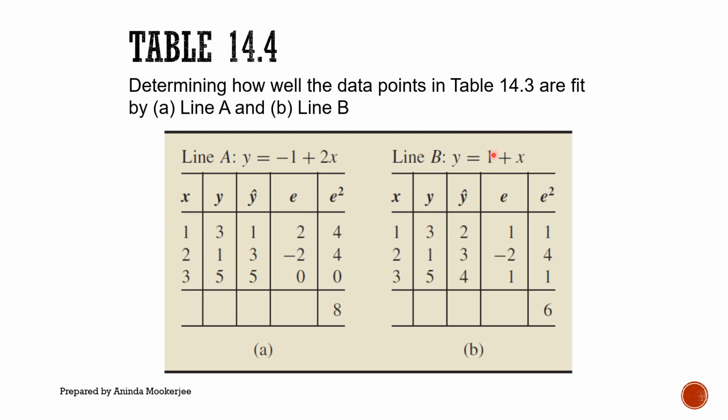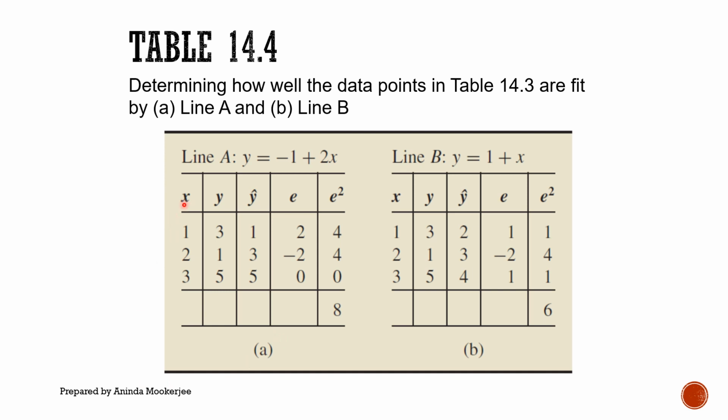So here we have our two line equations. We call the first line line A and the second line line B. For line A, it's y equals negative 1 plus 2x. For line B, it's y equals 1 plus x. And then we create two tables.